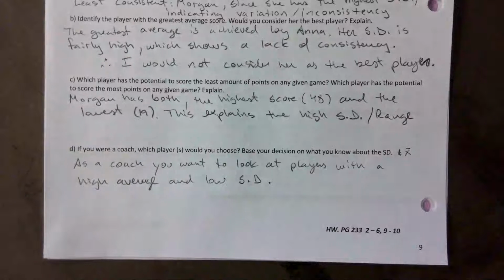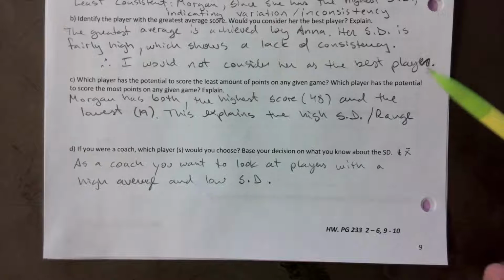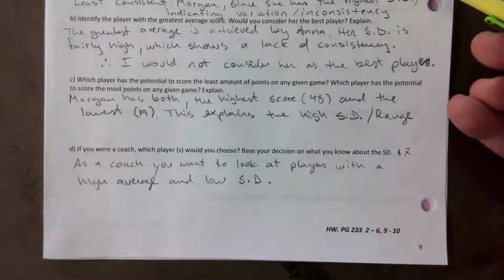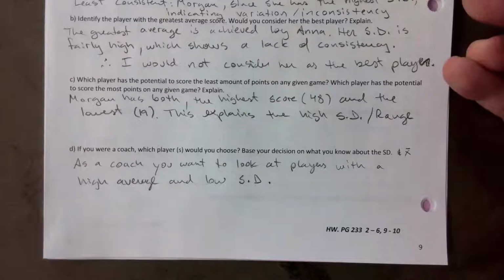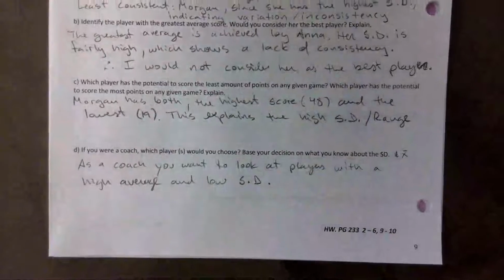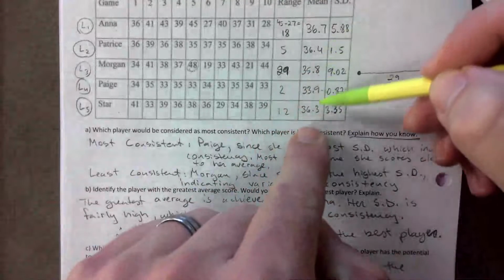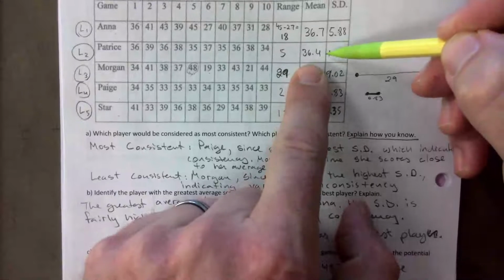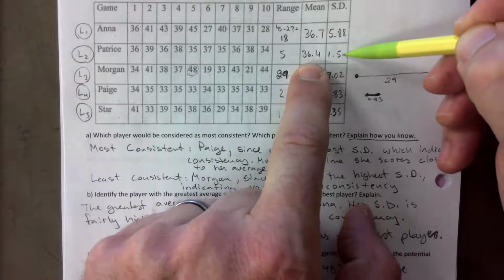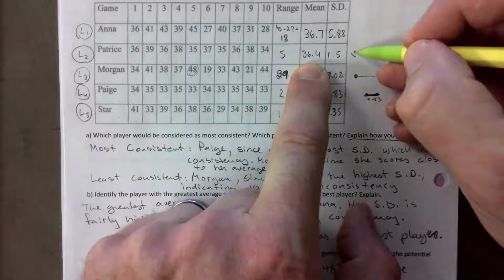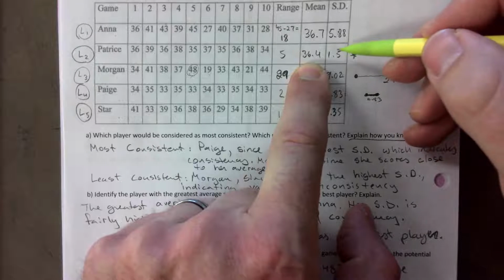So let's see here. There's no perfect answer, but I would say Patrice would be a pretty good choice. If you look at the averages, Patrice has a pretty high average and a fairly low standard deviation. So that'll be one of my picks in this case.